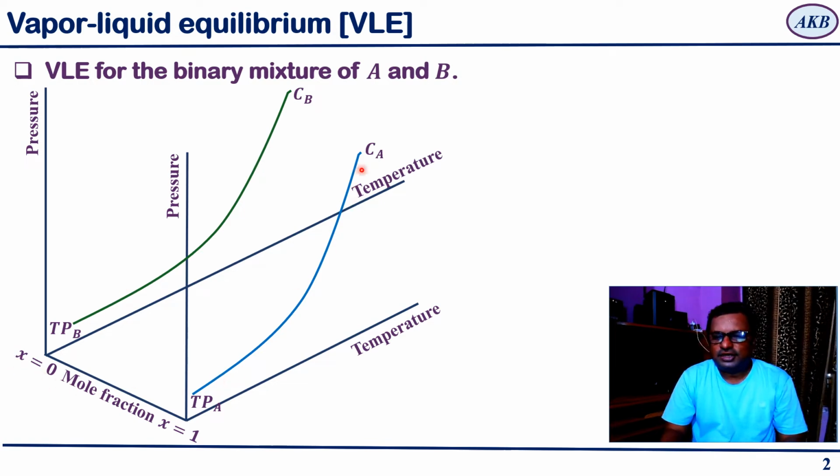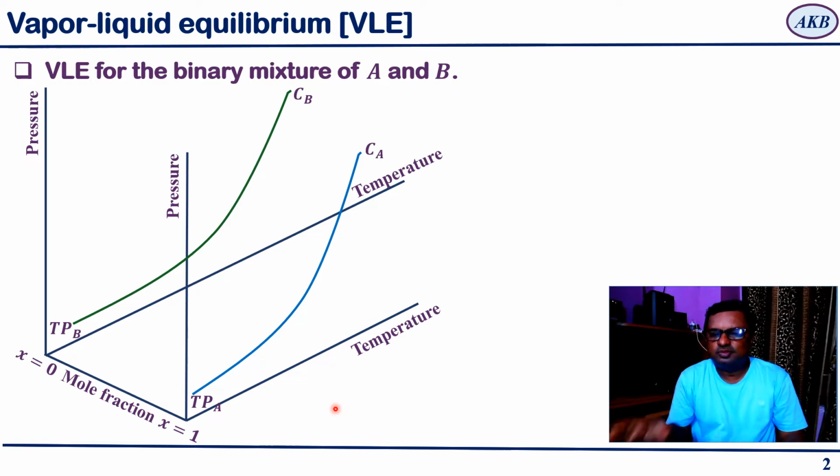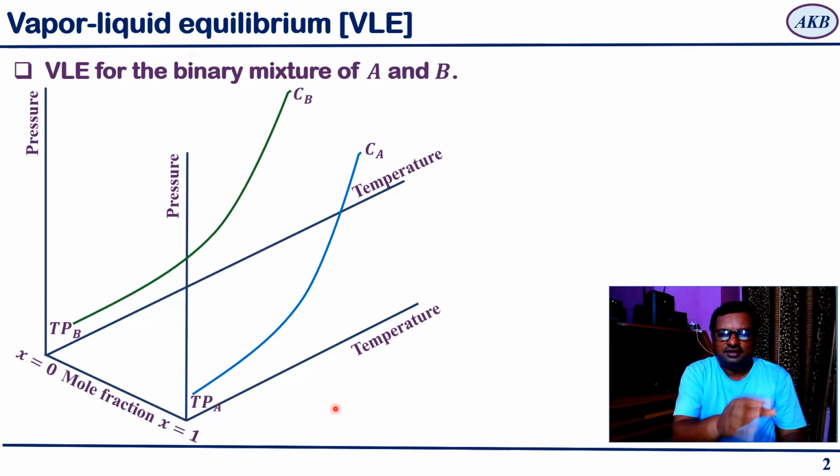The vapor pressure curve for A extends from CA, the critical point, to TPA, the triple point for pure A, and it lies in the x equal to 1 plane. It is somewhat difficult to really understand on this three-dimensional plot.